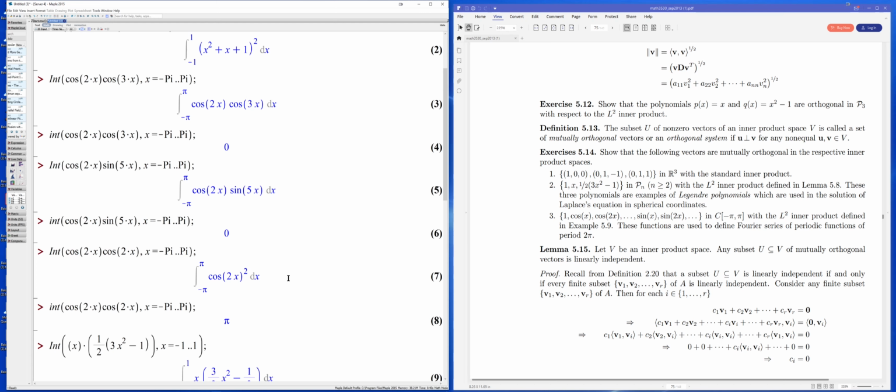So the orthogonality holds when you're looking at different functions, like cosine 2x and sine 5x in the example that I did. Any two different functions over here are going to be orthogonal, so this set is mutually orthogonal.